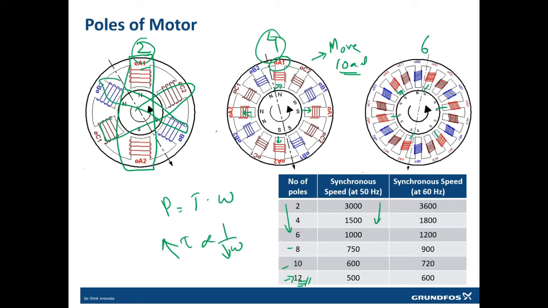But in a motor concept, number of poles is defined as the number of magnets per phase. So this is the very basic definition of number of poles of a motor. As the number of poles increases, the torque generated by the motor also increases, but the speed of the motor decreases. That means the power remains the same.